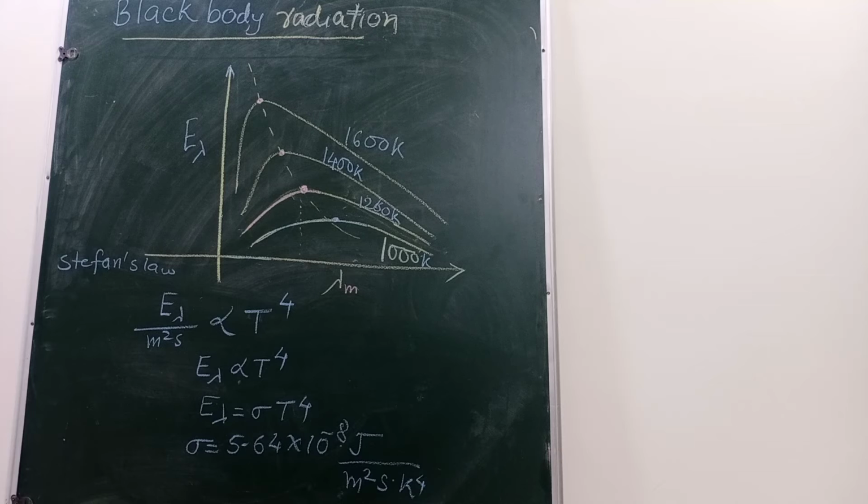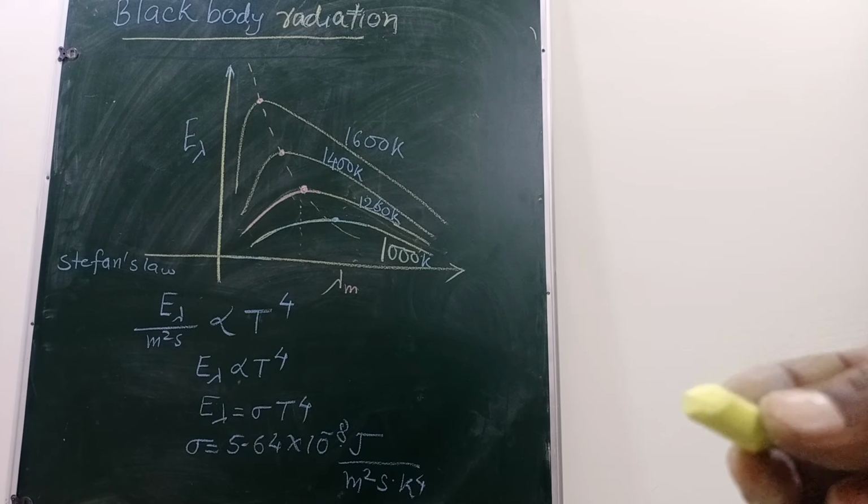Now, what is the use of this black body curve and how can we understand the black body? Coal you can consider as a black body because it appears black. Anything which appears black, the reason for that is it absorbs all the radiation. Suppose the board appears green or this chalk appears yellow.